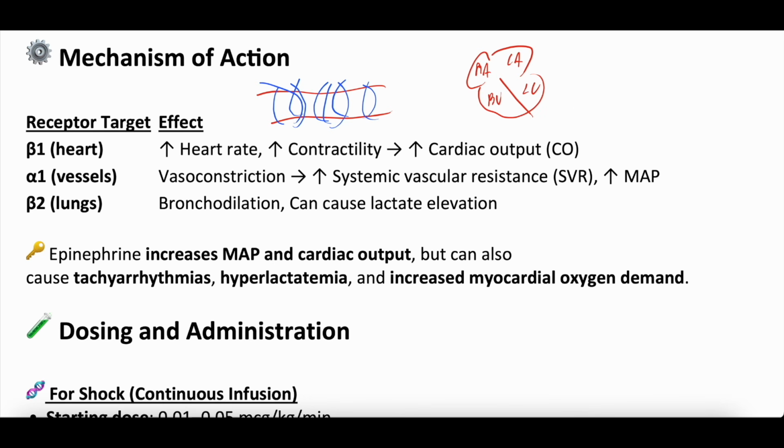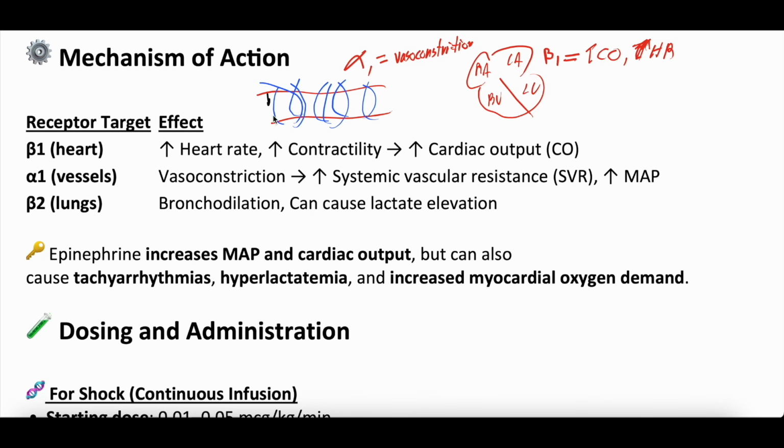So epinephrine works on the beta-1 receptor. Beta-1 is a receptor in the heart that increases contractility and increases heart rate. So it has inotropic effects, which is an increase in contractility, and chronotropic effects, which is an increase in heart rate. Whereas the blood vessels have alpha-1 receptors, and alpha-1 causes vasoconstriction of the smooth muscle.